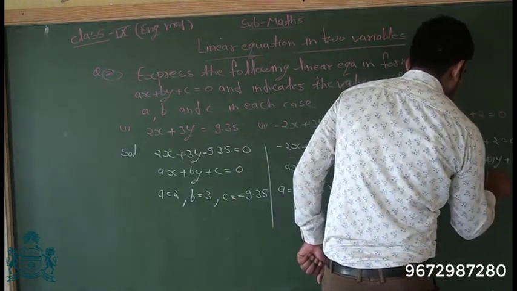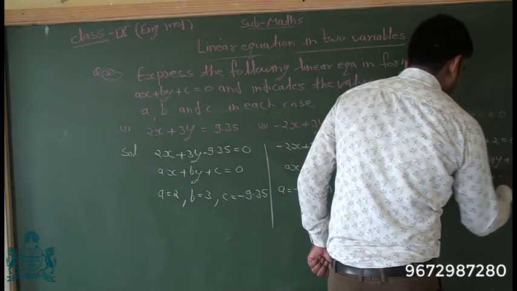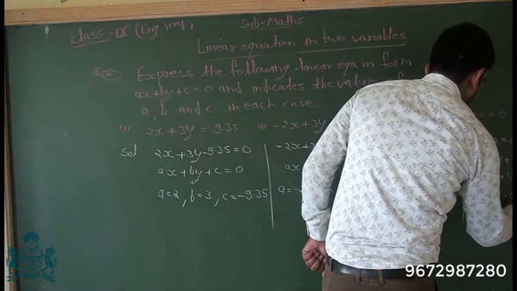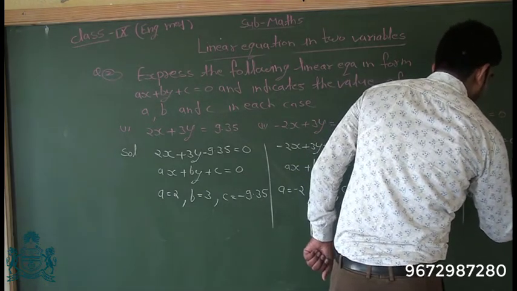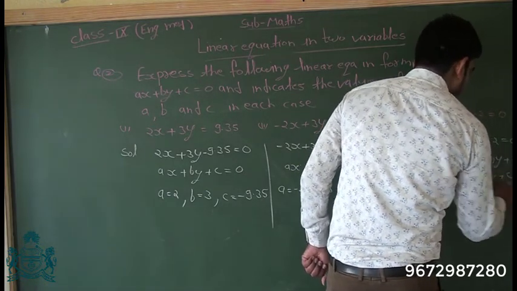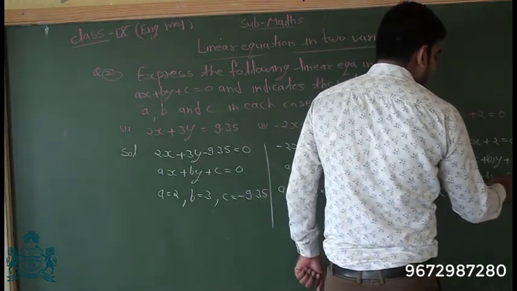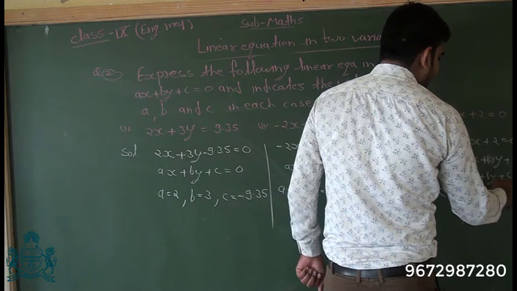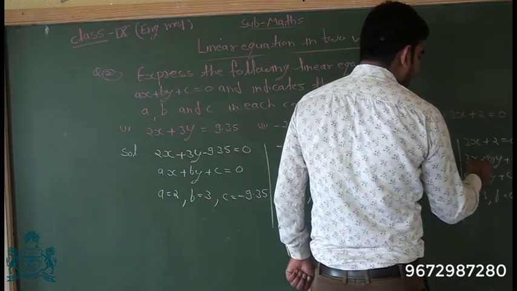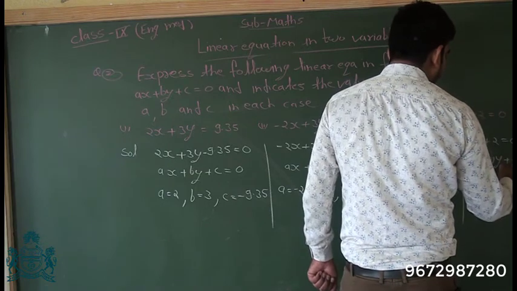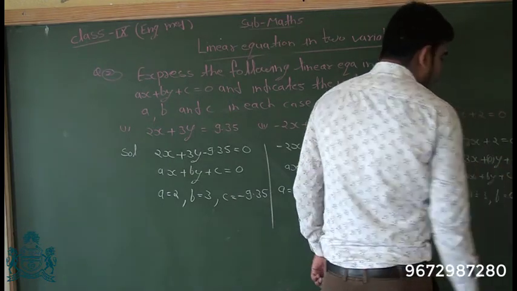Comparing with ax plus by plus c equal to 0, a equal to 3, b equal to 0, c equal to the constant number 2. A is the coefficient of x, b is the coefficient of y, and c is the constant number. So the coefficient of x is 3, the coefficient of y, b, equal to 0, and the constant number is 2.